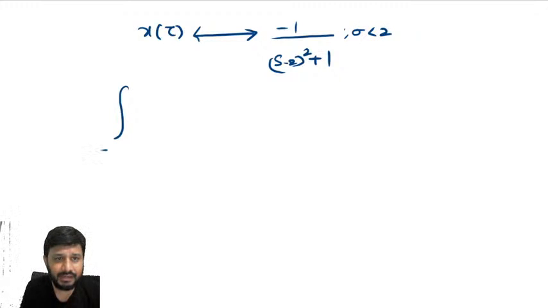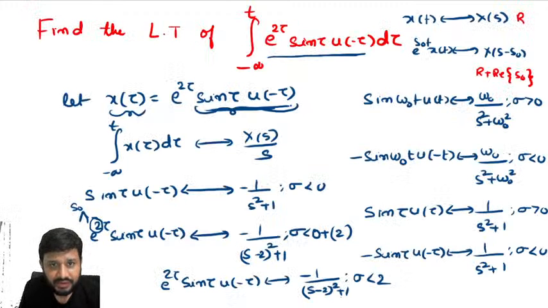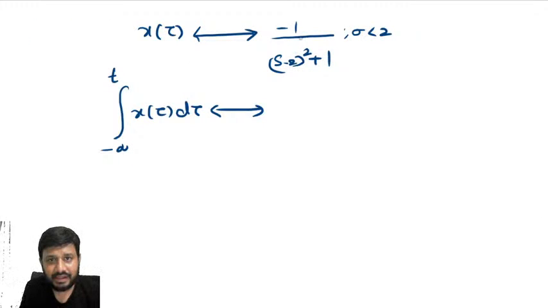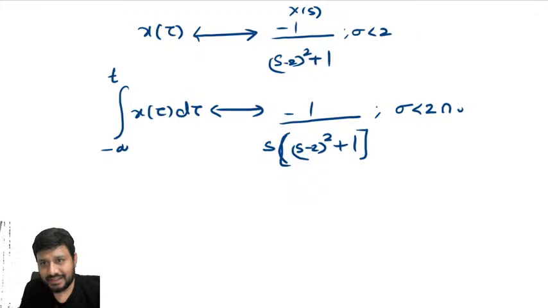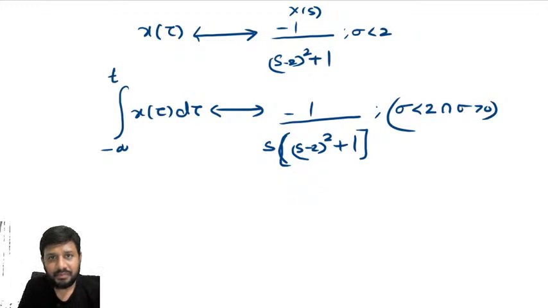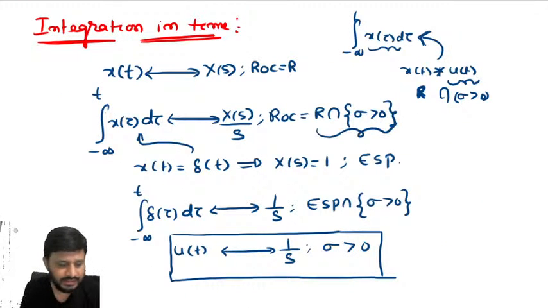But what is asked? Integral from minus infinity to t of x of tau d tau. This forms a Laplace transform pair with x of s by s, that is minus 1 by s times s minus 2 whole square plus 1, with ROC equal to r intersection sigma greater than 0, as we have to take the intersection from the property. Here that is sigma less than 2 intersection sigma greater than 0.